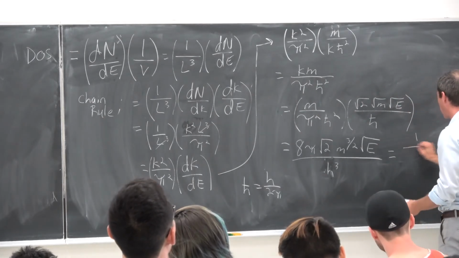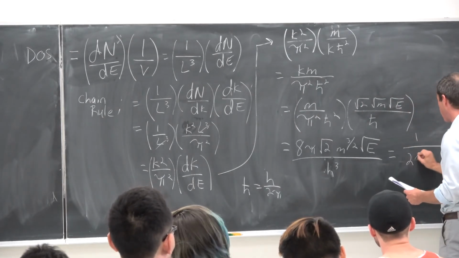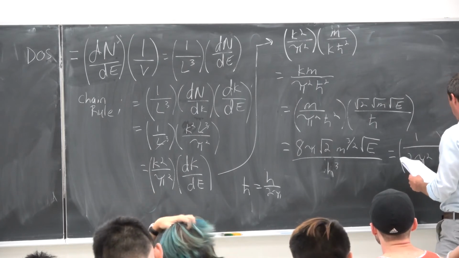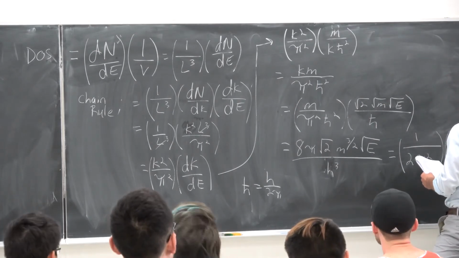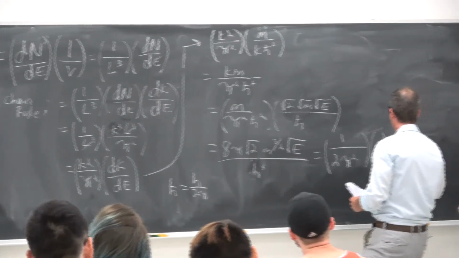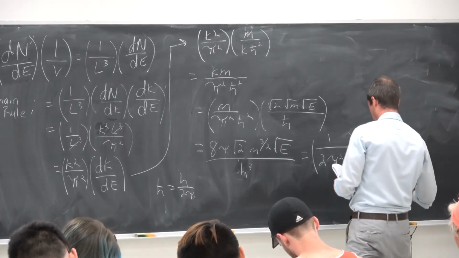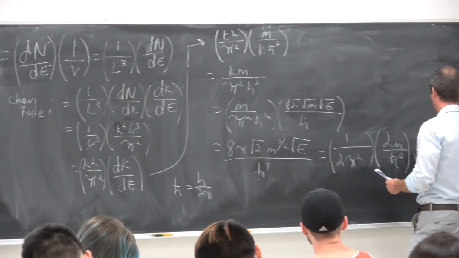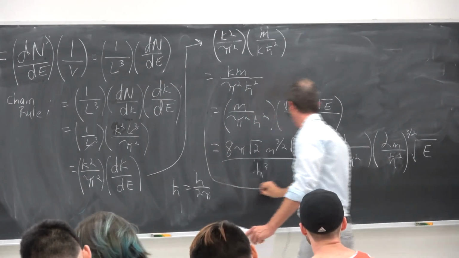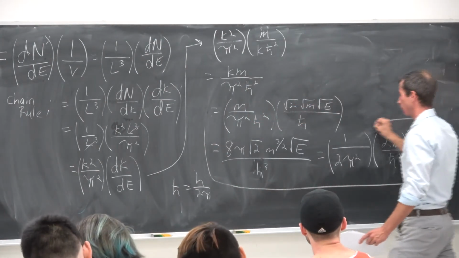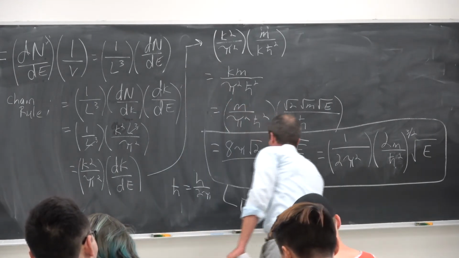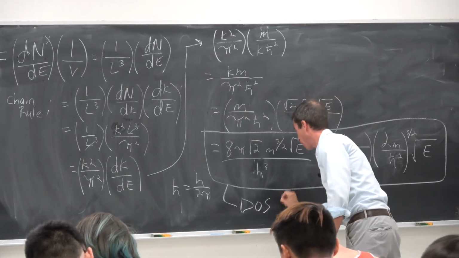So if you pull this up online and you see it written as this, this is the same thing. And this is our density of states for a bulk system.